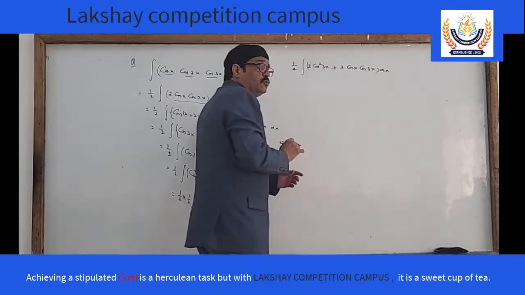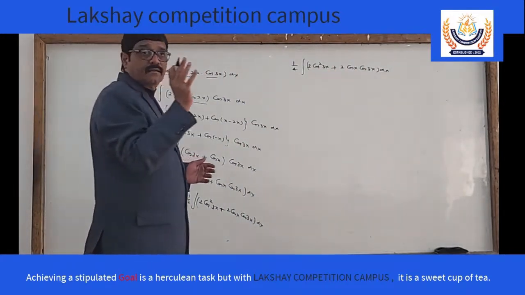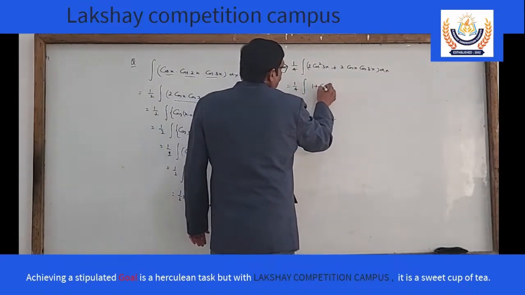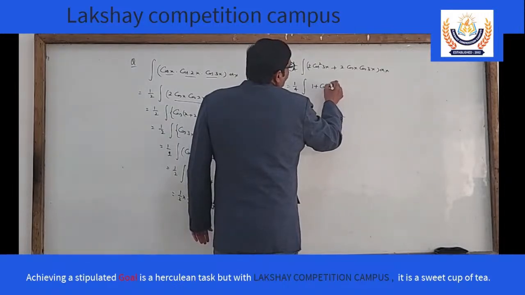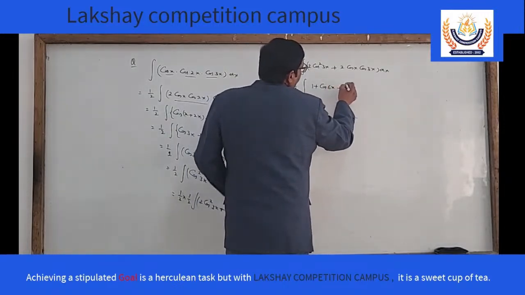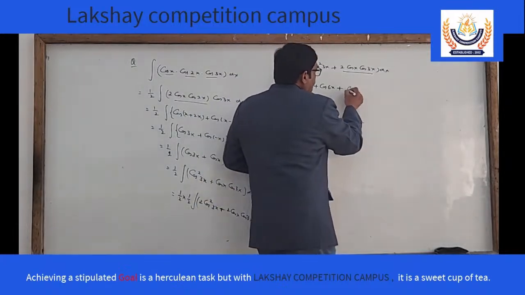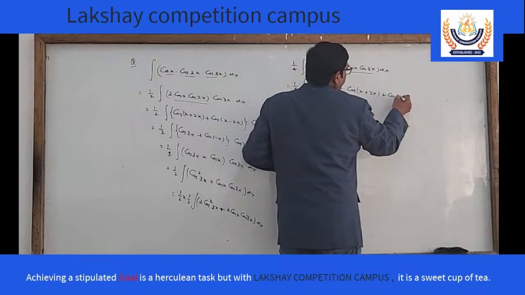What is the formula of 2 cos square a? 1 plus cos 2a. And 2 cos a cos b is cos (a plus b) plus cos (a minus b).